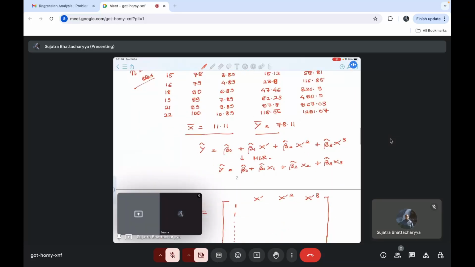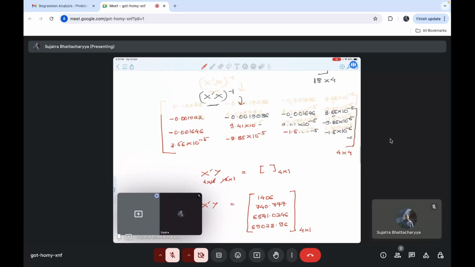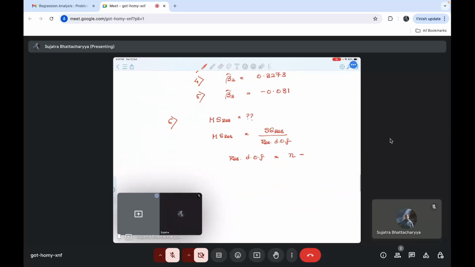So these are 1, 2, 3, and 4. So 4 unknown parameters. So n minus 4. So what is n? N is the total number of observations, 18, and 4 constants due to the normal equations because of the 4 unknown parameters present. So 18 minus 4, which is equal to 14. So 14 is the residual degrees of freedom.